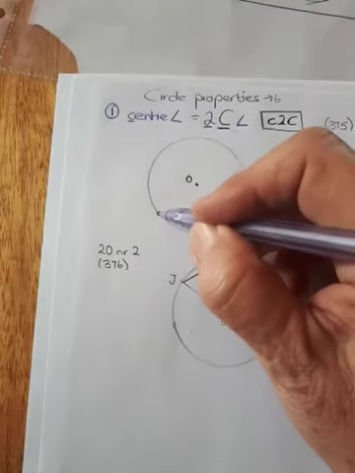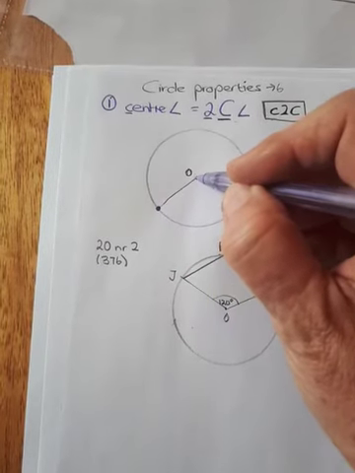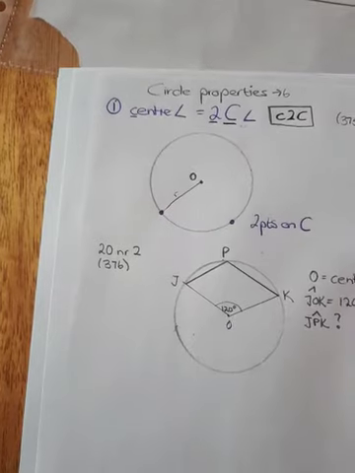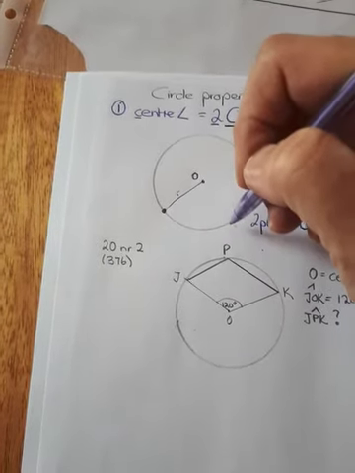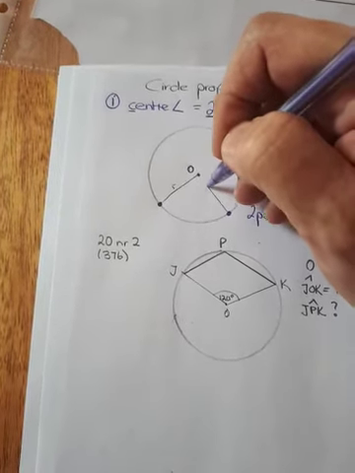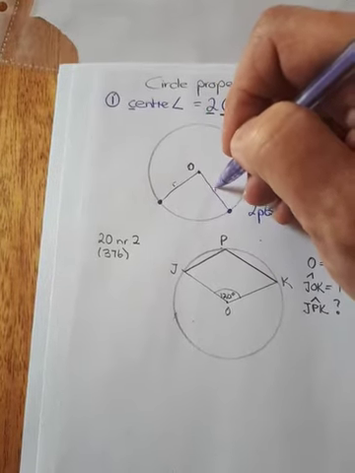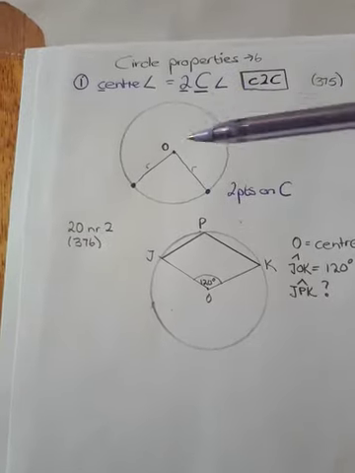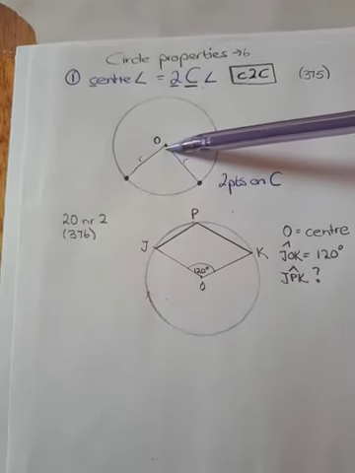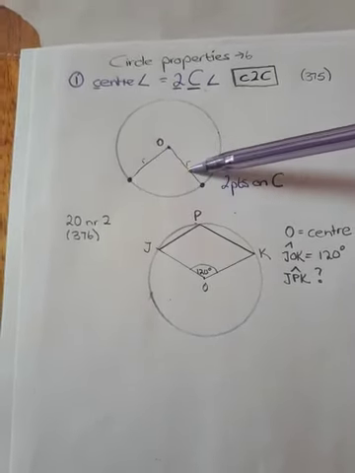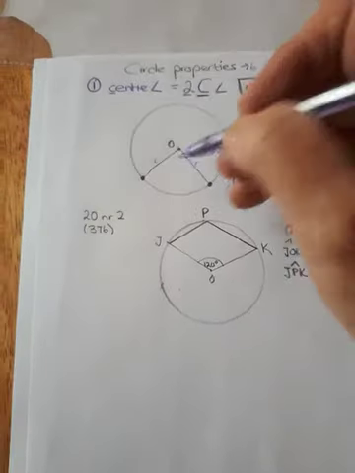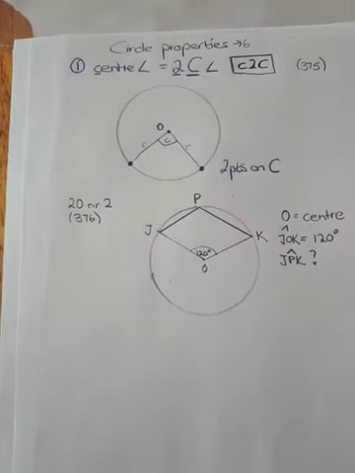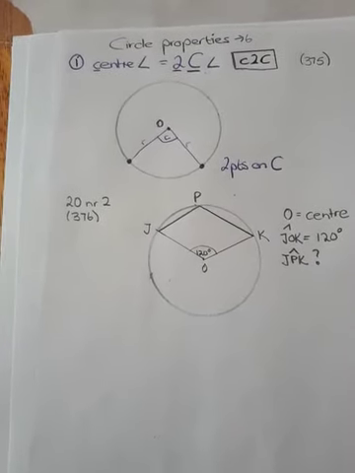Then from the 1 point to the center, we have a straight line. Remember, this is a radius. And from the second point to the center, we have another straight line. That's another radius. So what is a center angle, people? A center angle is at the center between 2 radii. So this one is the small c. That's the center angle.